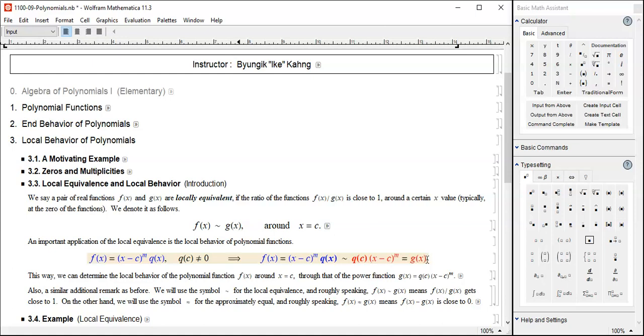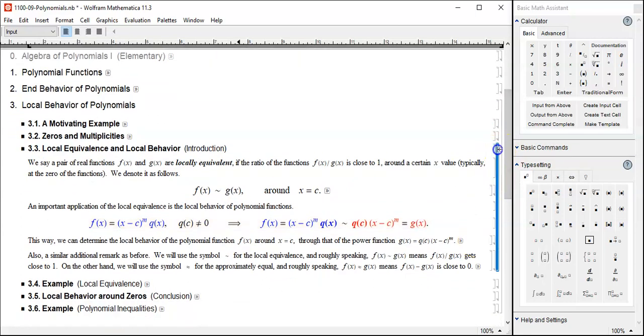So you don't really have to complete all those computations. The key is to get a shifted power function that shares the same local behavior as the original. And how do we get that? By taking this local equivalence.